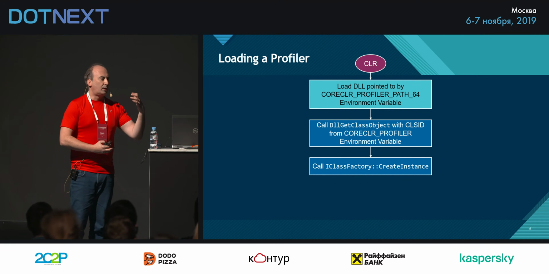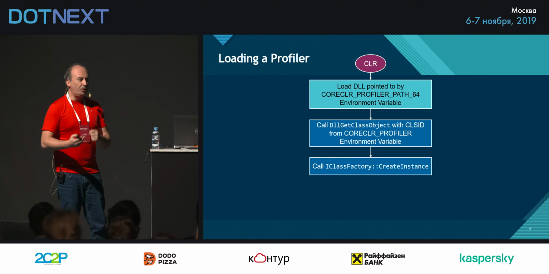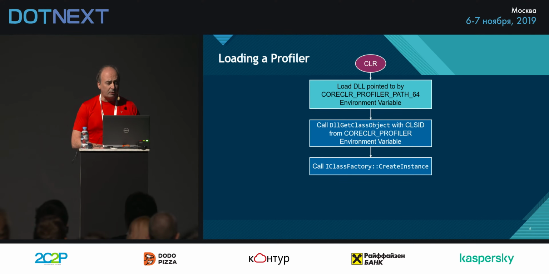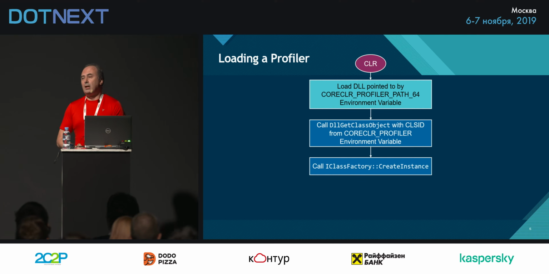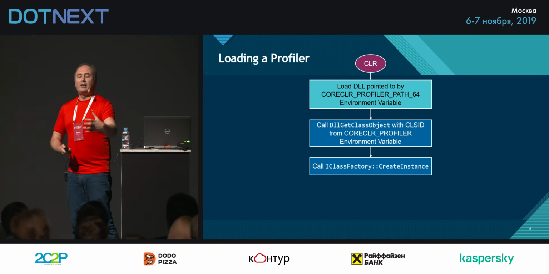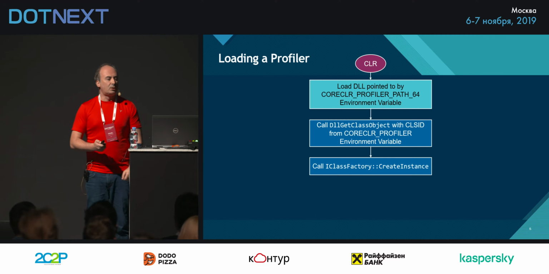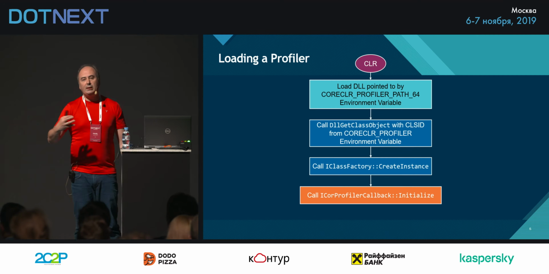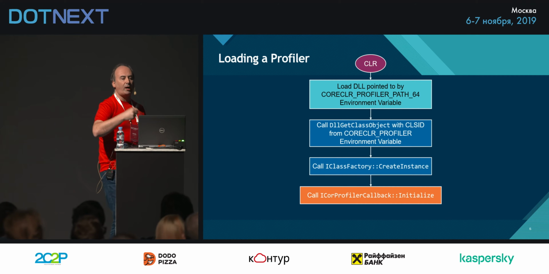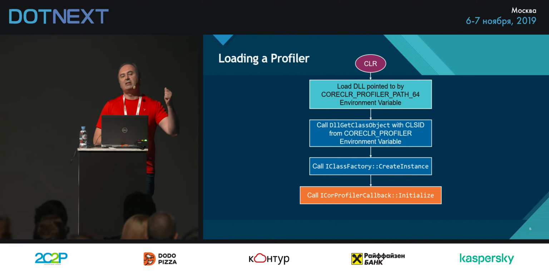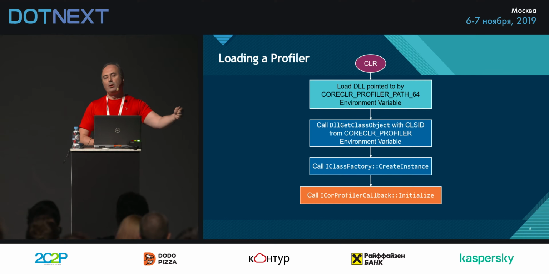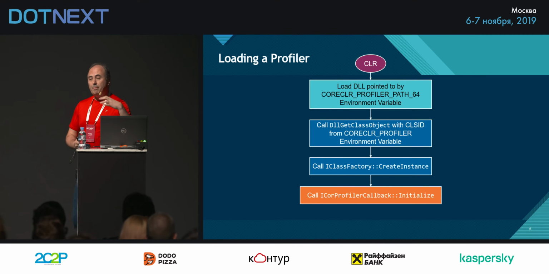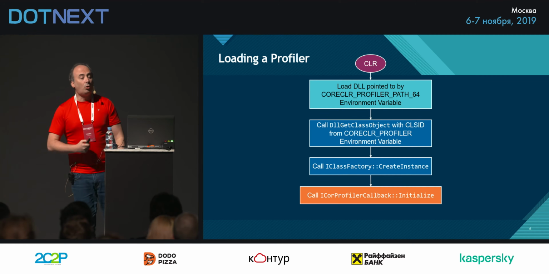And so the class that should be returned from that call is a class implementing the IClassFactory interface. And now the CLR gets to the final call as far as the DLL is concerned, at least. It's calling CreateInstance. That CreateInstance should create the actual profiler object, returning an interface pointer to the core CLR. And now the core CLR just calls a method called Initialize on the profiler.